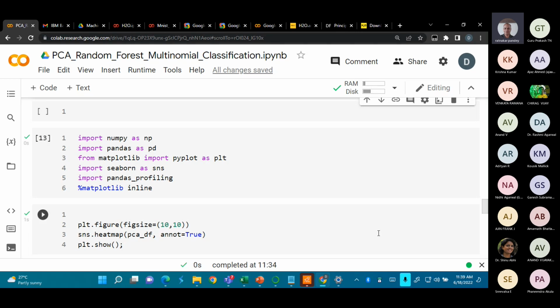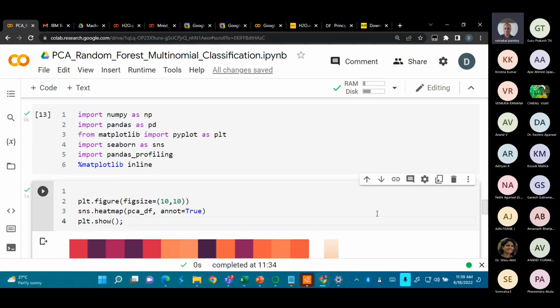Once you are done with this, go ahead and type the next line as well, and that will generate the plot for you, the heat map. Done.